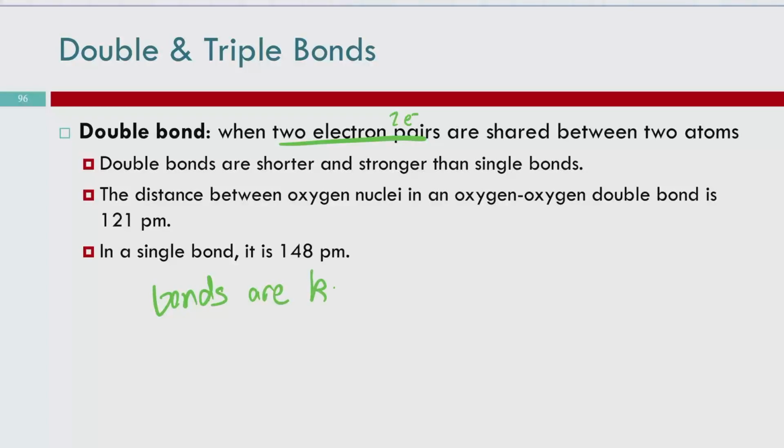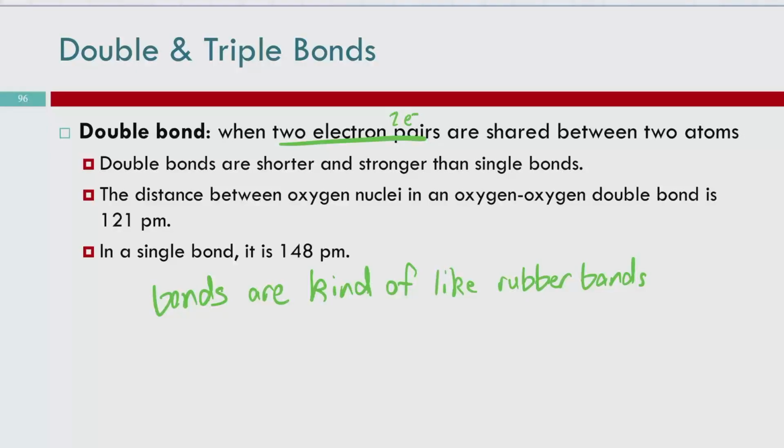Bonds are kind of like rubber bands. And the nuclei of the atoms are both positively charged, so you've got little magnets repelling each other, but you put a rubber band on them, and that's going to keep them sort of together. We're assuming a lot of things here.